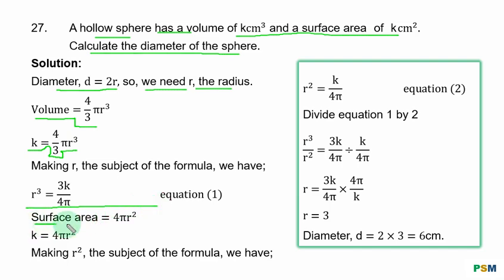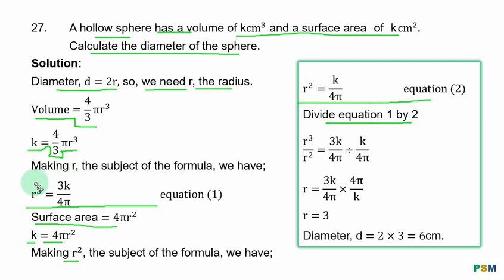Using surface area given as k equal to 4 pi r squared, you make r squared the subject by using 4 pi to divide both sides. You have this as equation 2. To proceed, divide equation 1 by equation 2. You do that side by side.